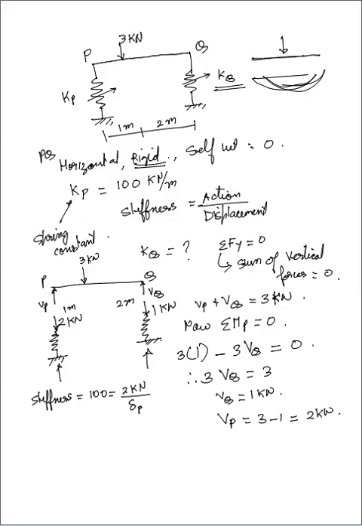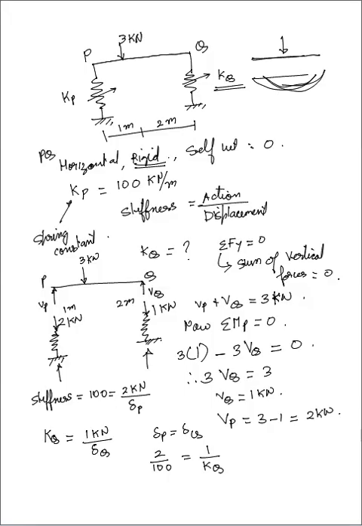In the same way, for the stiffness of Q, that is Kq, action upon displacement, the action is 1 kilonewton upon delta Q. Now we know that this bar is a rigid bar, so delta P is equal to delta Q. So 2 by 100 is equal to 1 upon Kq.